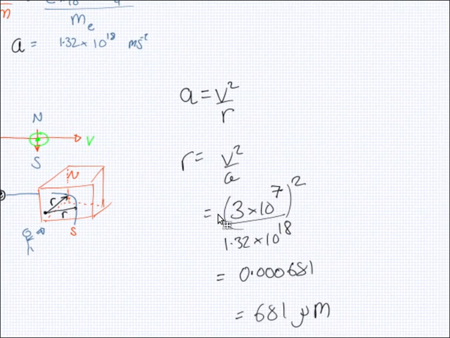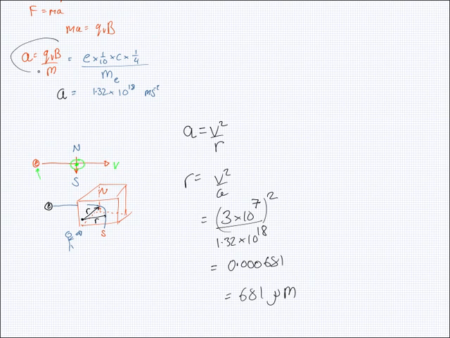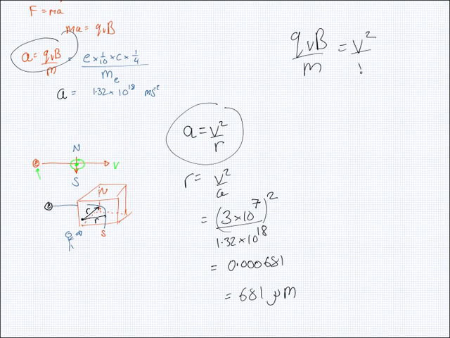Now look, in the exam, what they sometimes do is they put this formula and this formula together. So you can say QVB over M equals V squared over R. So R equals MV squared over QVB.